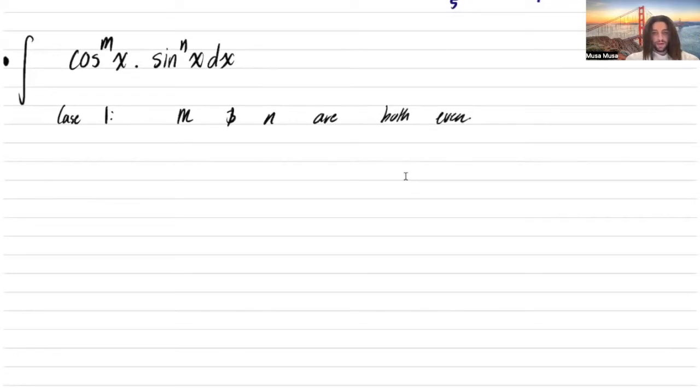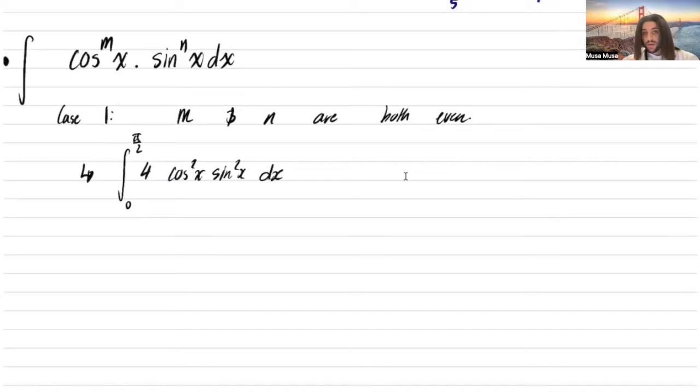Okay, so let's see how this would work. What if I had the integral of 4 cos squared x sine squared x from 0 to pi over 2 dx?